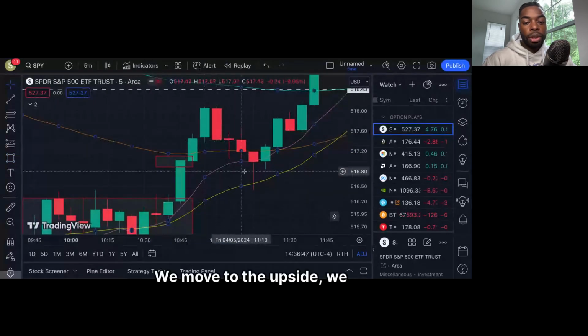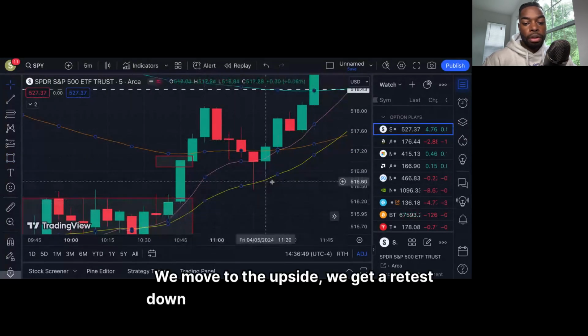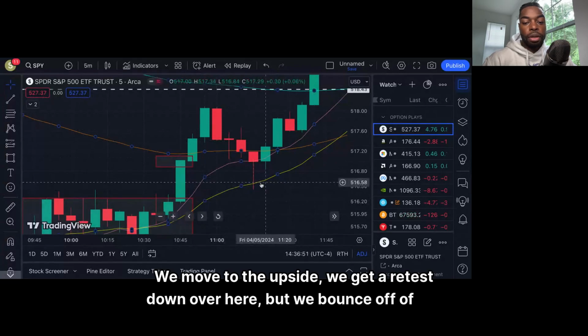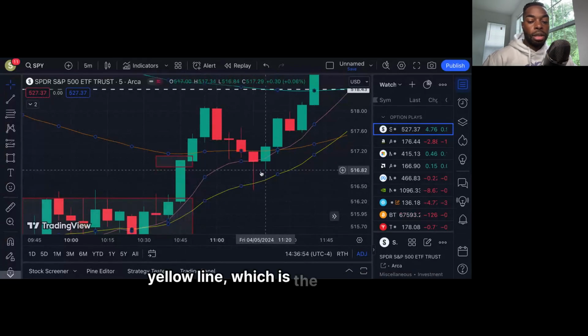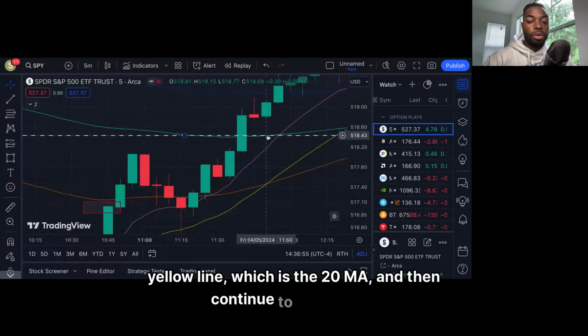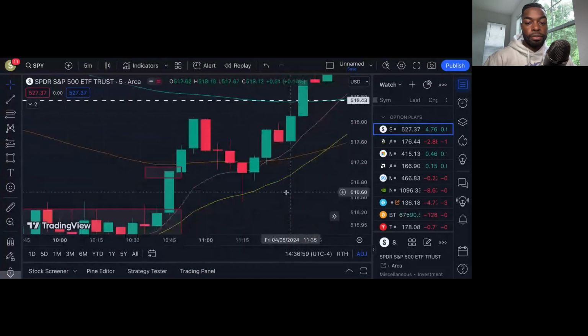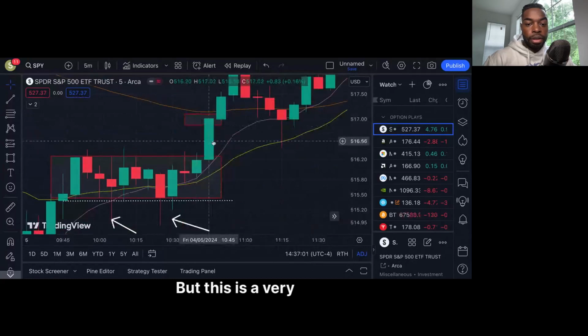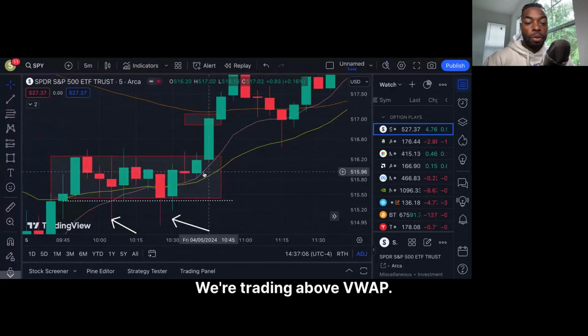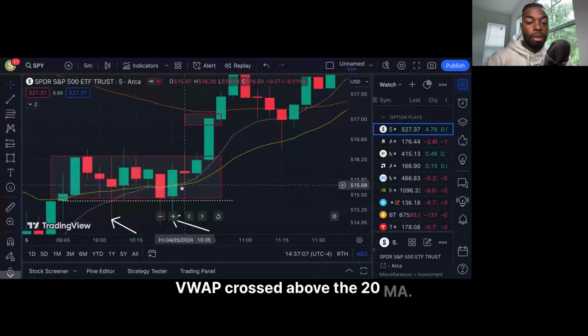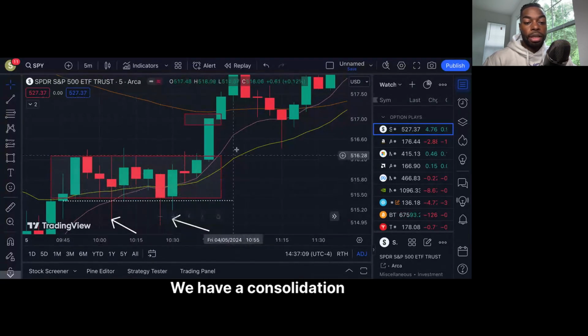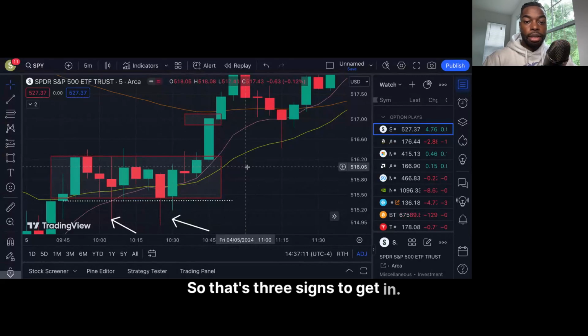We move to the upside. We get a retest down over here, but we bounce off of the yellow line, which is the 20 MA, and then continue to the upside. This is a very good signal bar, and we have a lot of signs. We're trading above VWAP, VWAP crossed above the 20 MA, and we have a consolidation breakout, so that's three signs to get in.